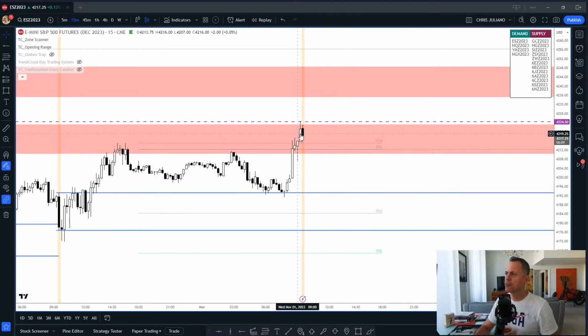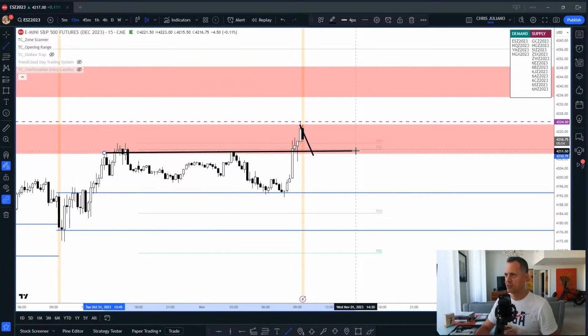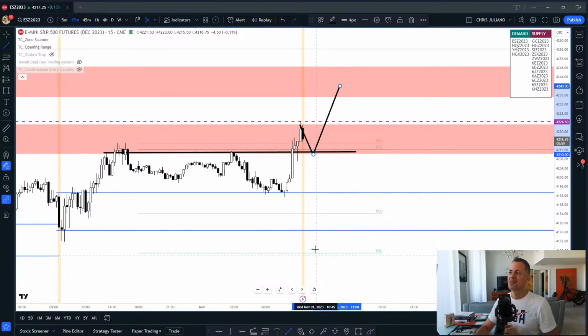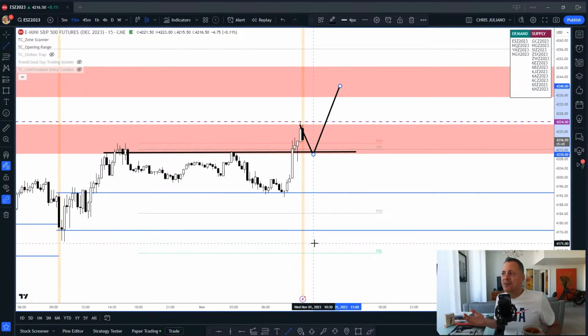We're breaking through this. Maybe it just wants to pull back like this. Pull back to the top of this consolidation here, right? And go from there to there. So we really don't have a long way to go, do we?